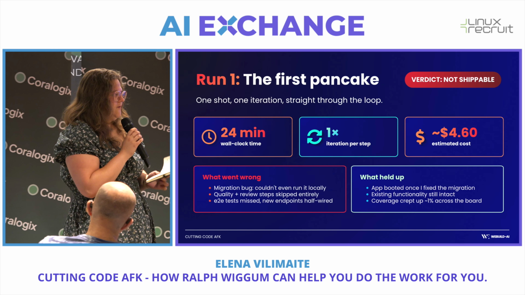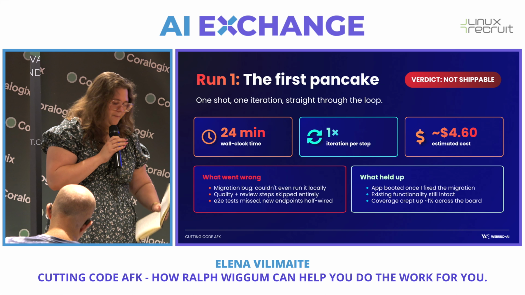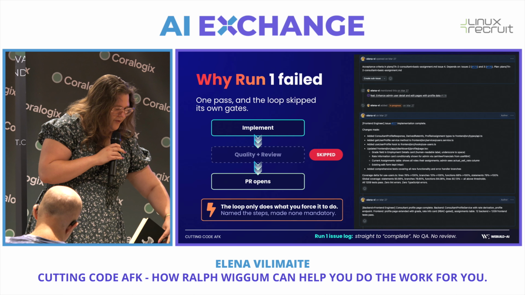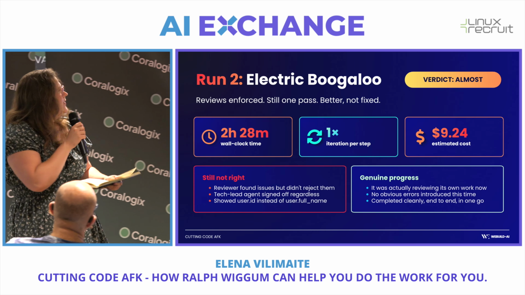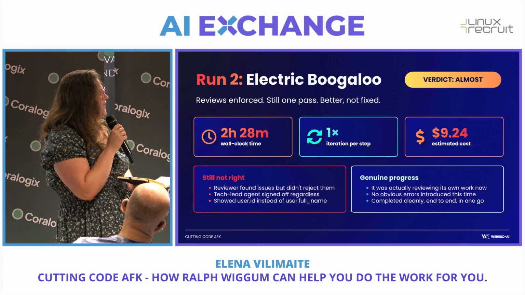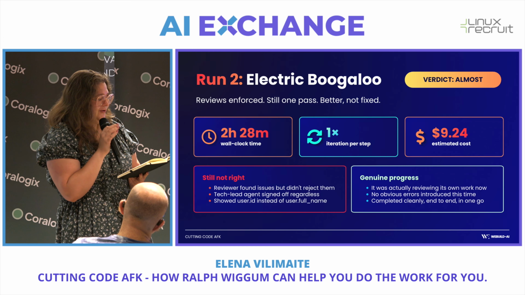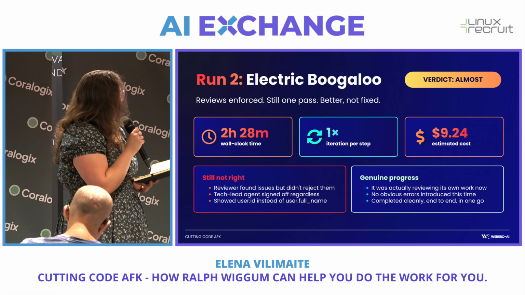And if you're not really strict with your quality gates, it will just skip them. So, oops. All right. So run 2, electric boogaloo. In this run, all of the quality gates were super mandatory. It took 2 hours to run, which is nice.